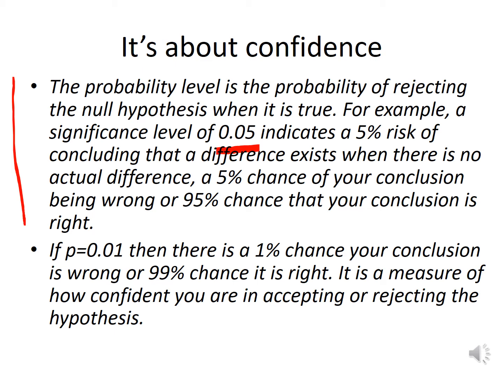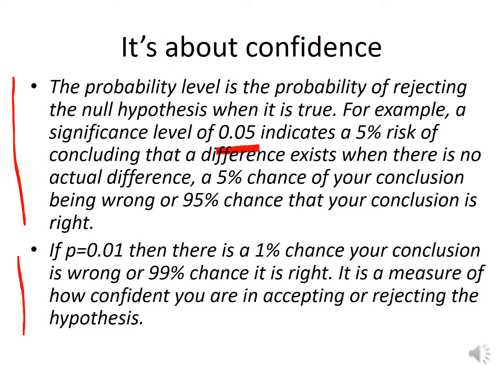In other words, there's a 5% chance you are wrong in your decision. You should have accepted where you rejected, or vice versa. So a 5% chance of your conclusion being wrong, 95% chance that your conclusion is correct. So well done. If p equals 0.01, there's a 1% chance that you're wrong and 99% chance that you are right. It's just a measure of how confident you are that you're making the right decision.